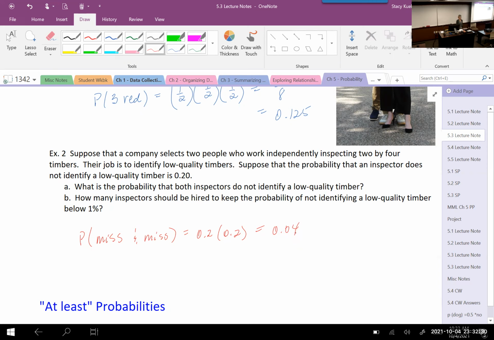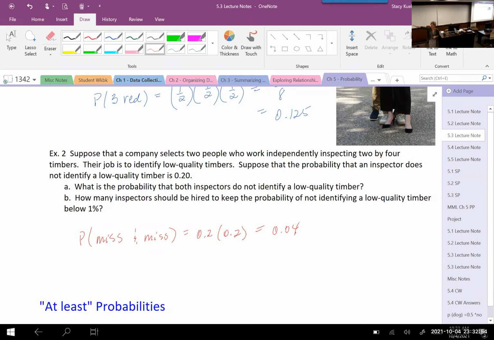Okay, 0.04. Now, right off the bat, if we were using the 5% of the time as unusual for something to happen, that's kind of the standard across the board. Would it be unusual for me to have two inspectors miss the low quality timber? It would be, because it's 0.04, right?